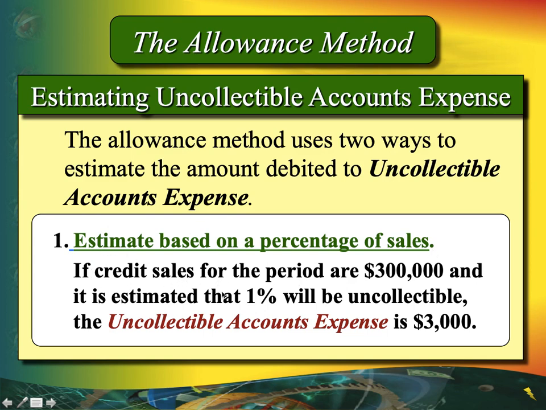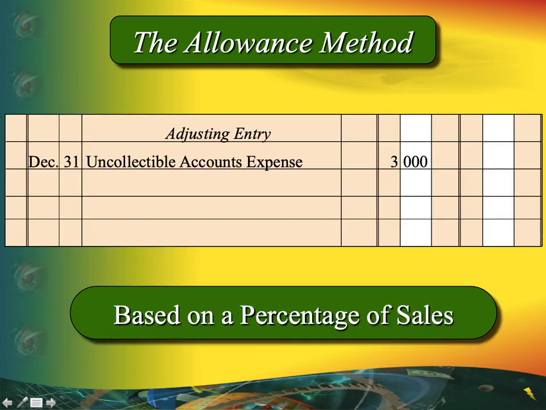For example, if credit sales for the period are $300,000 and it is estimated that 1% will be uncollectible, the uncollectible account expense is $300,000 multiplied by 1%, which becomes $3,000. The journal will be uncollectible account expense on debit and allowance for doubtful accounts on credit.